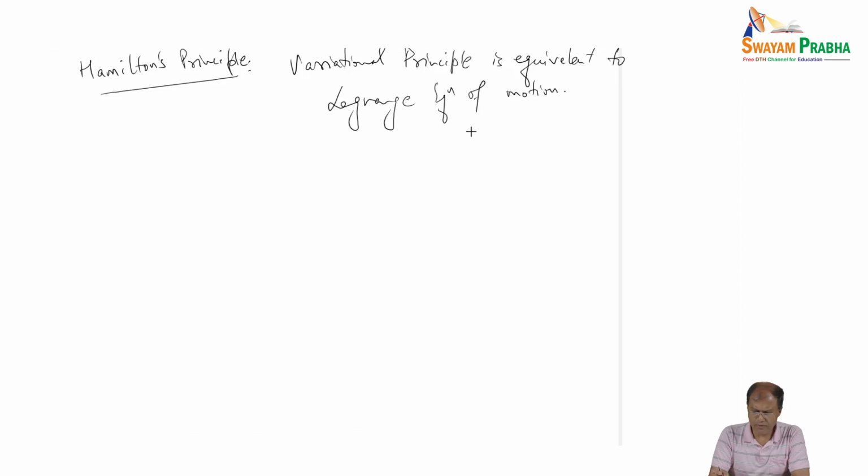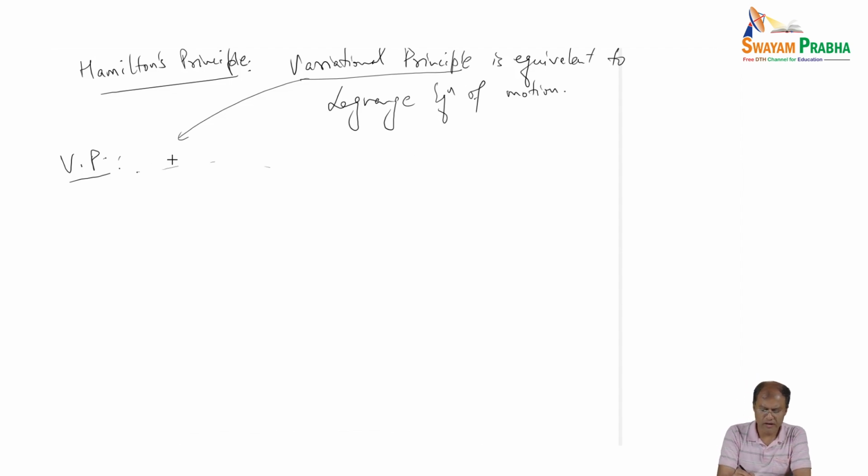So again, before writing this Hamilton's principle, I think I should have mentioned what is the variational principle. So the statement says the variational principle is that the actual behavior, the variational principle mainly states that the actual motion of a system is completely determined by the solution of the functional, which makes the functional stationary, right? I think that is a fairly intuitive statement of variational principle.